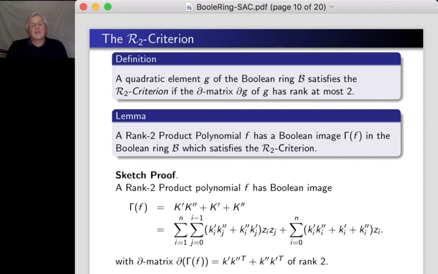So this partial matrix is the sum of two matrices, k' k'' transpose and k'' k' transpose. Each of these matrices individually has rank 1. If we add two matrices of rank 1, we're going to get a matrix of rank at most 2.